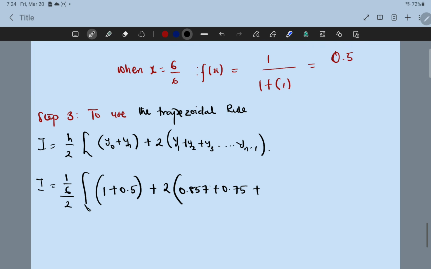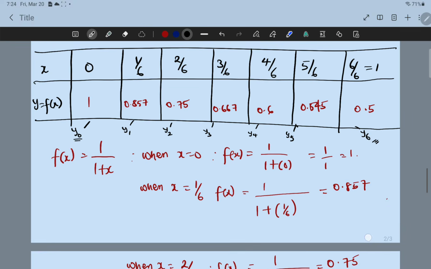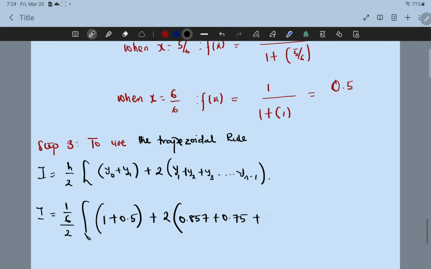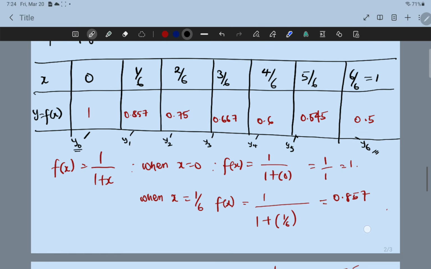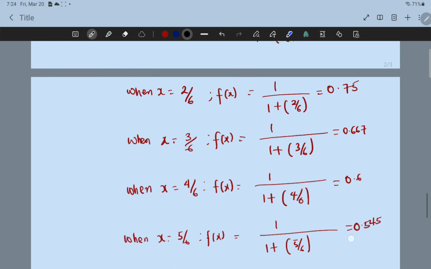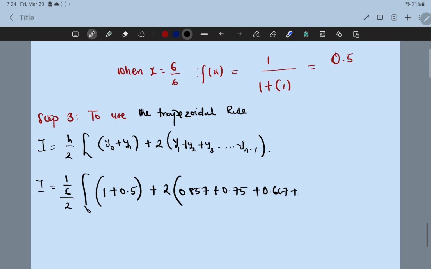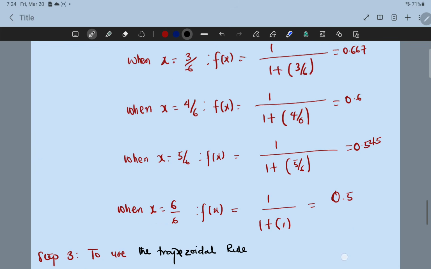So this is 0.857, this is 0.75, Y3 is 0.667, as we approach 0.667. Then Y4 is 0.6, plus 0.6.